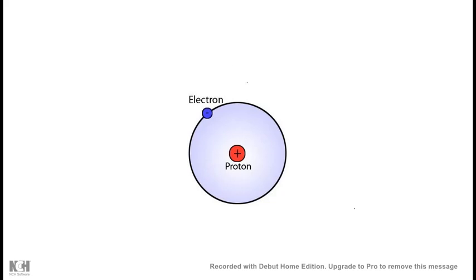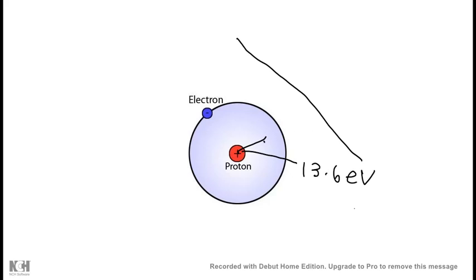What we're doing is measuring this energy of this proton, which would be the binding energy of this proton, 13.6 electron volts, and we're measuring that from somewhere outside.